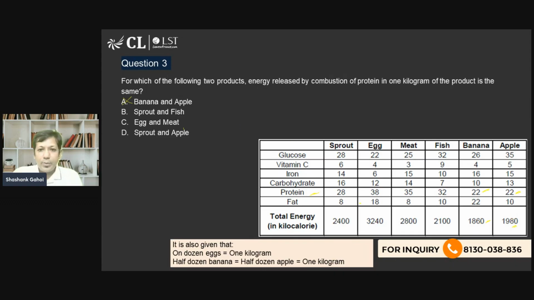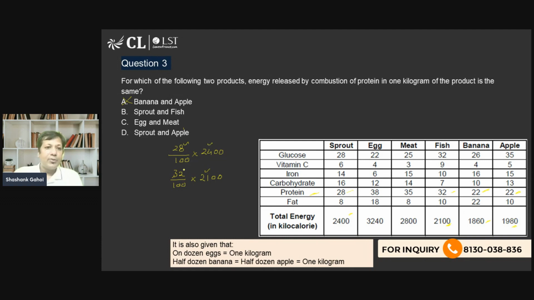Sprout is 28% of 2400, and fish is 32% of 2100. Can it be the same? Maybe. Why I'm taking these two values is specifically because both numbers are multiples of 7, and both numbers are multiples of 3 as well.